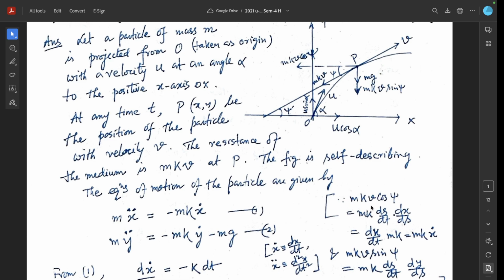Now v is ds/dt and cos psi is dx/ds, so we get dx/dt, which is x dot. So we write here minus mk x dot.